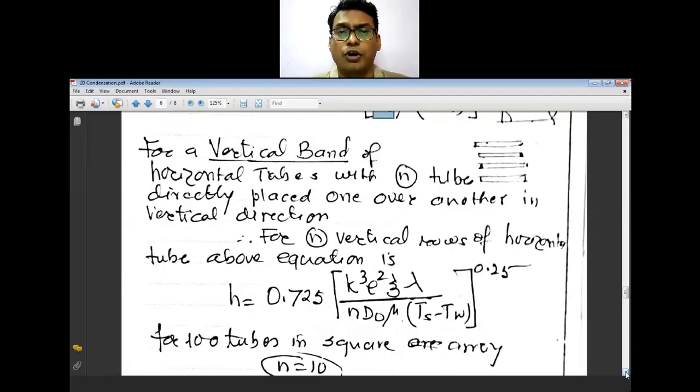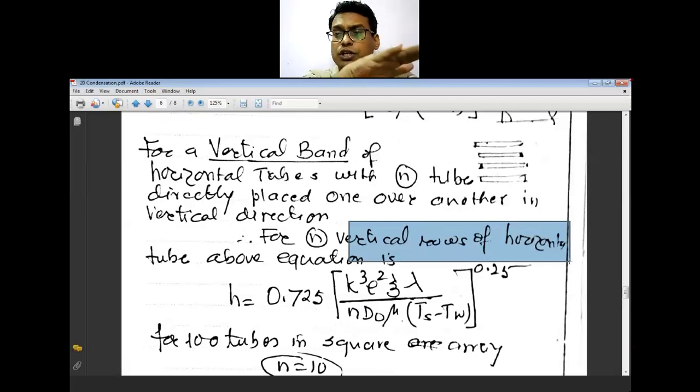For a vertical bank of horizontal tubes, with tubes directly placed one over another in the vertical direction, that is the banks of tubes, placed one over the other, N is the number of vertical rows of the horizontal tubes.